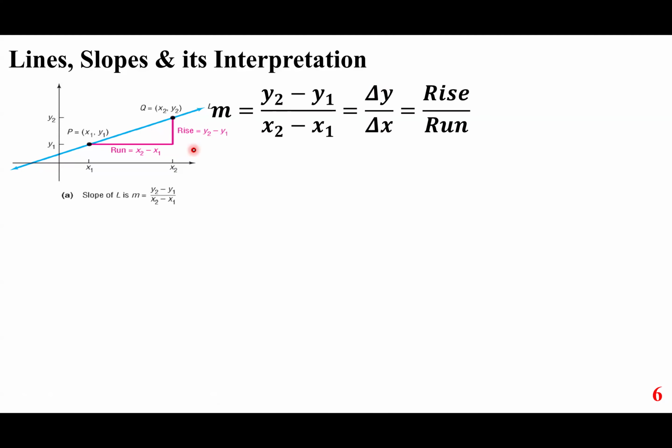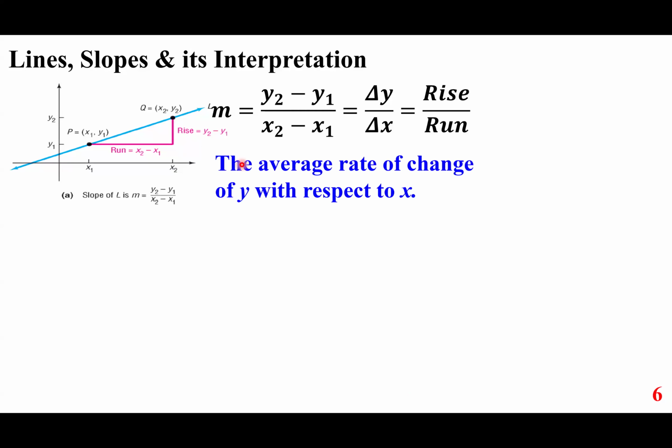This is simply by definition, everybody. It is known as the average rate of change of y with respect to x. It's important to understand the average. Later on in calculus, we discuss instantaneous rate of change as well.